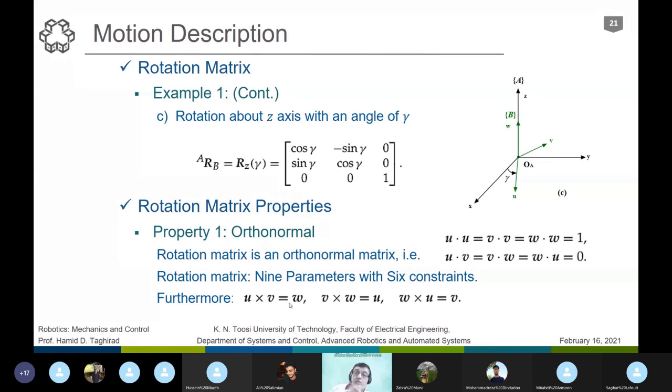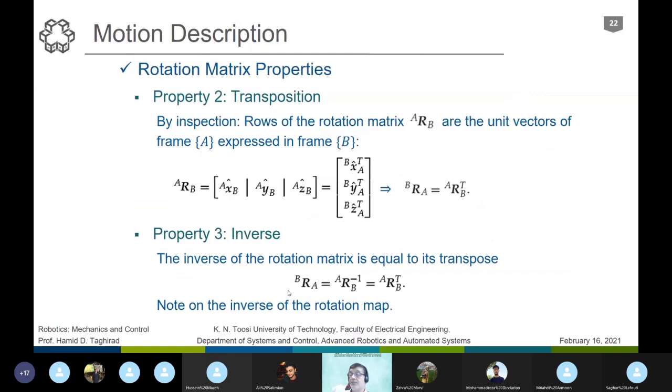U to v gives you w, v to w gives you u, and w to u gives you v. These are the cross products, where we use the right-hand rule. Always, let's say, x cross y gives you the z axis. These are some further redundant relations that show that the rotation matrix is particularly interesting.